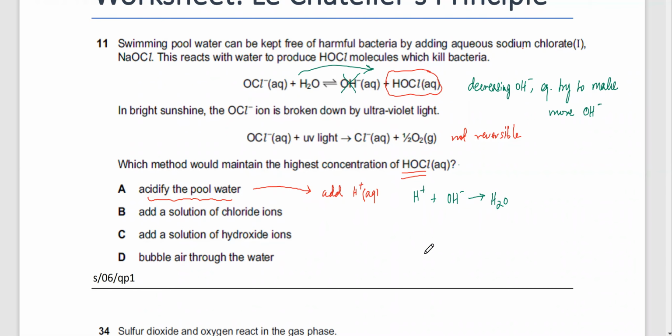So I'm going to repeat. You add acid, the acid would go and neutralize the OH- ions. If the OH- ions are neutralized and the quantity decreases, the equilibrium would try to do the opposite and make more OH- ions. Hence, the forward reaction would be favored, and you get more HOCl. So option A is definitely correct.